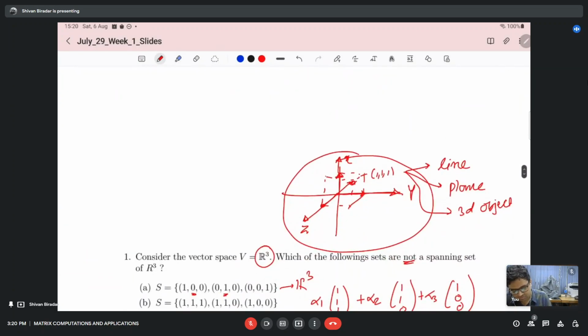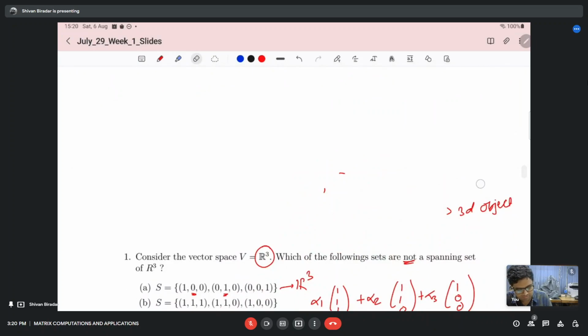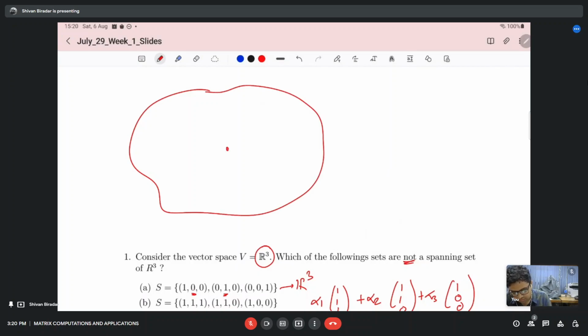So what does basis mean? What does subspace mean? Let us say that you have a vector space, and in your vector space the zero vector is located here. Let us say that you have a subset here.